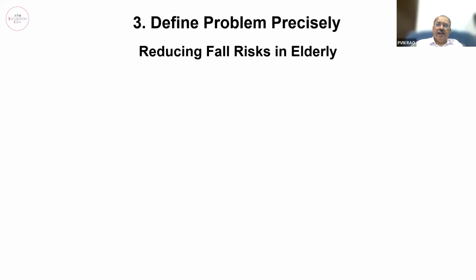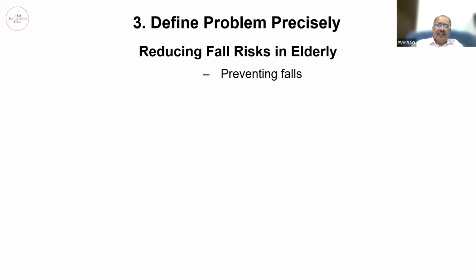Now, when I do enough research, I would probably like to go to a more specific problem statement. Should I concentrate on solutions which help in preventing falls? Preventing falls is one aspect of the broader problem, which is reducing fall risks.